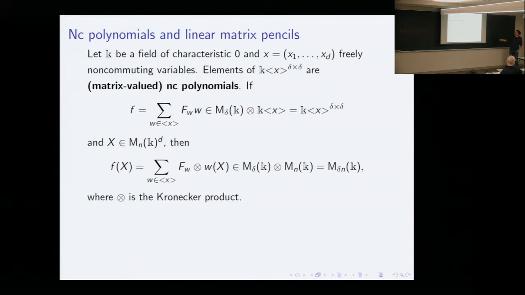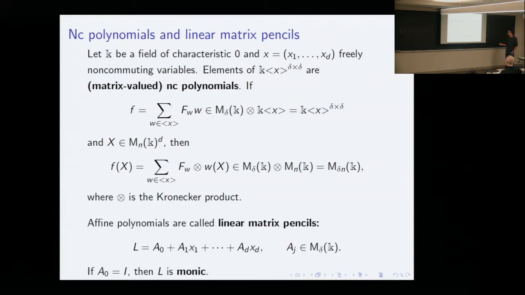I take a tuple X1 to Xd and substitute each small xi with a capital Xi. Wherever I see a constant, I replace it with the identity matrix. If f was a delta times delta NC polynomial, then when I plug in n times n matrices, I get delta times delta block matrices of size n. This tensor product is just a Kronecker product of matrices.